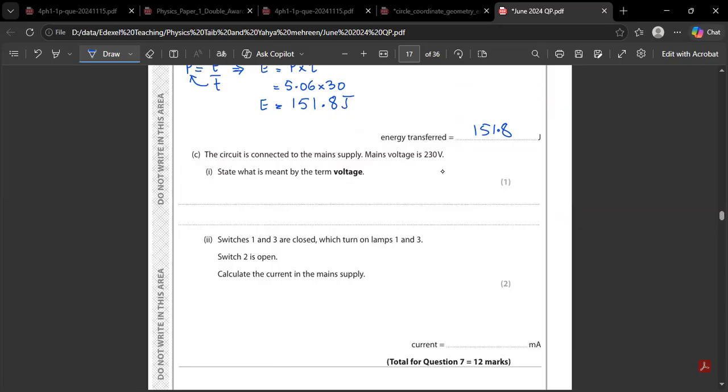So mains voltage is 230. Energy transferred per unit charge, we have to write. Voltage refers to the energy that transfers per unit charge.